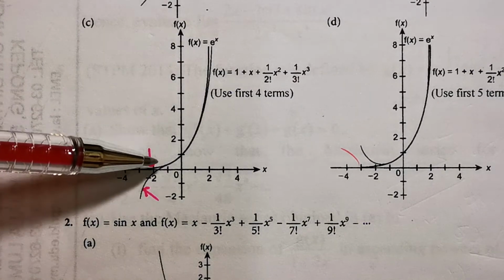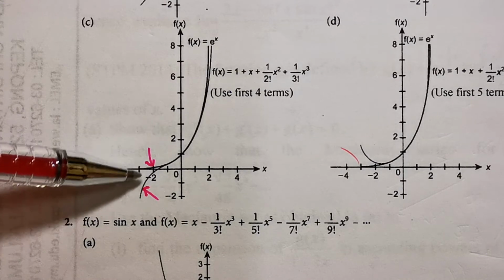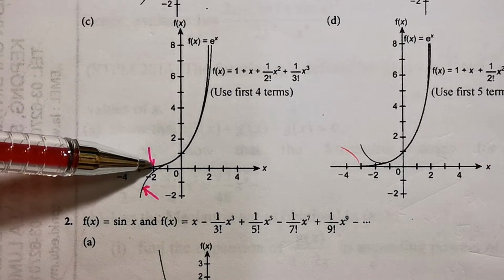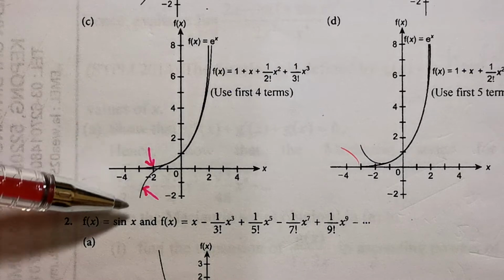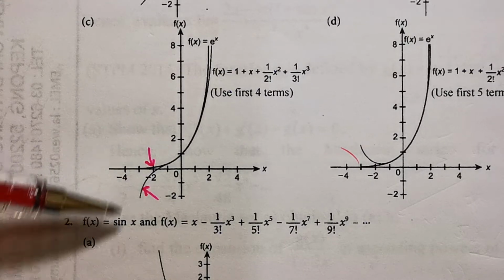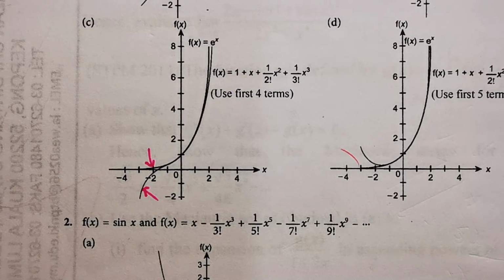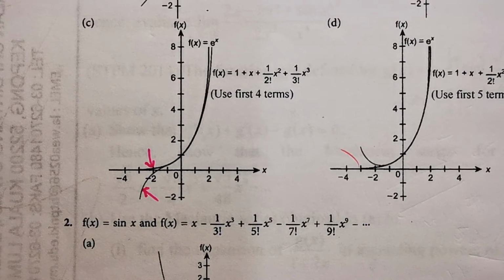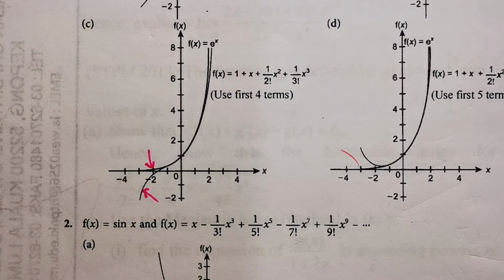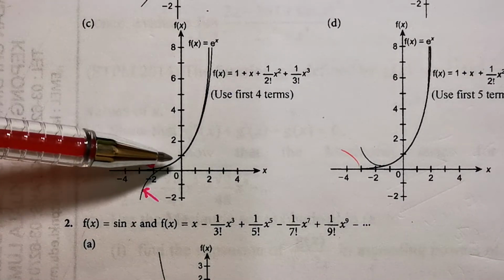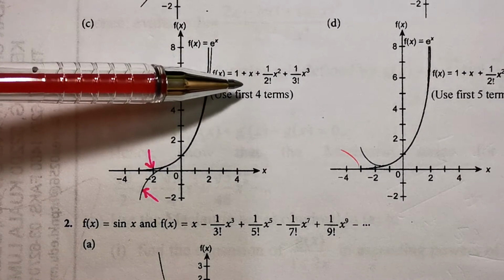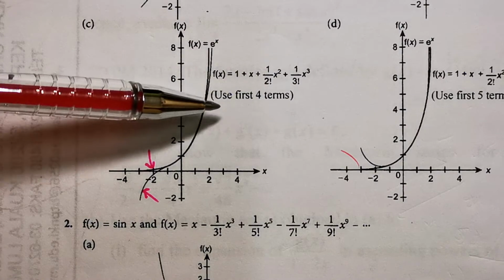But if it is out of 1.5 or out of negative 2, you see it goes further and goes another way, which does not converge to the actual function. So now you understand why we have to find the interval of convergence. It shows that in certain values the Maclaurin series that we use is very close to the actual function.